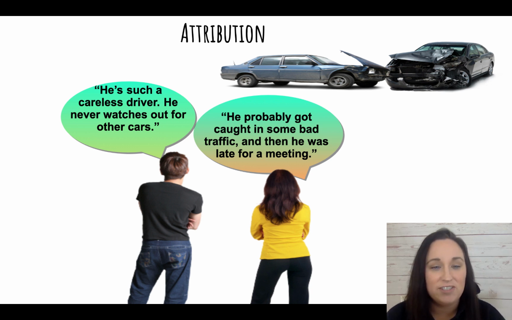It's not because of the situation, it's because of the disposition of the person. He is a careless driver, and that's why this happened. Another reaction is situational: he probably got caught in some bad traffic, and then he was late for a meeting. This is situational attribution style. So it's either one of the two.